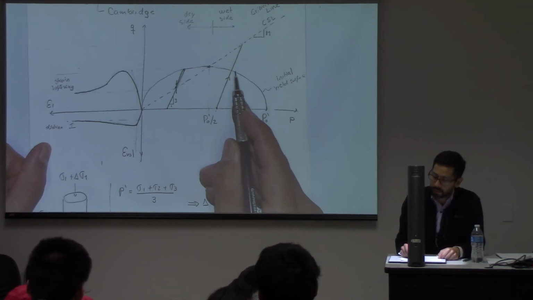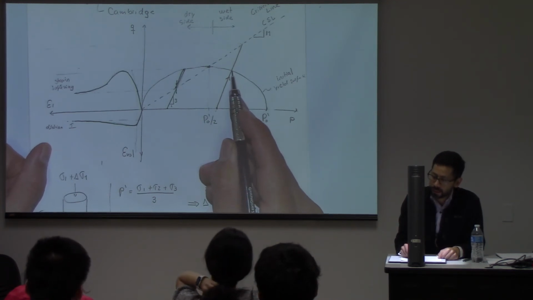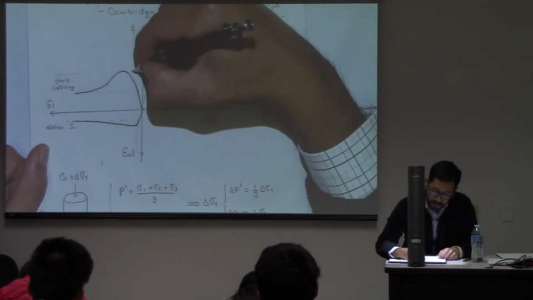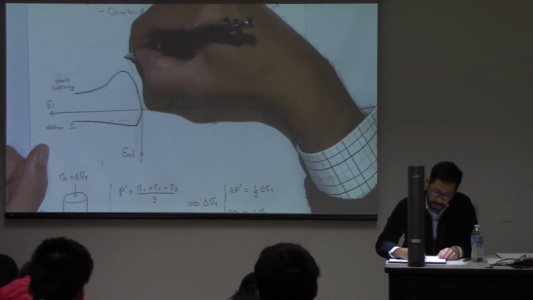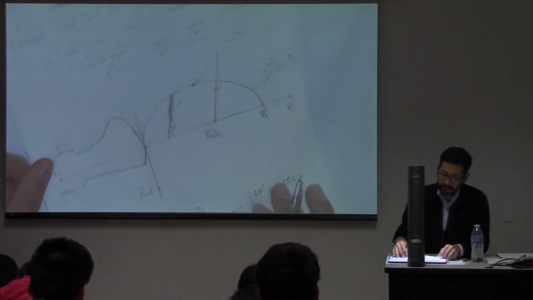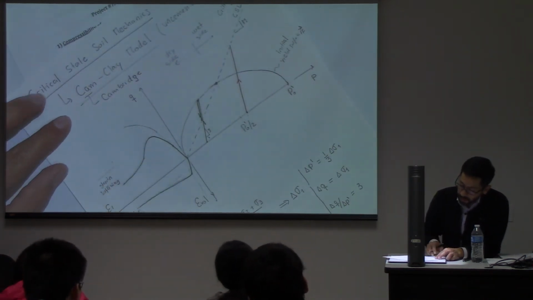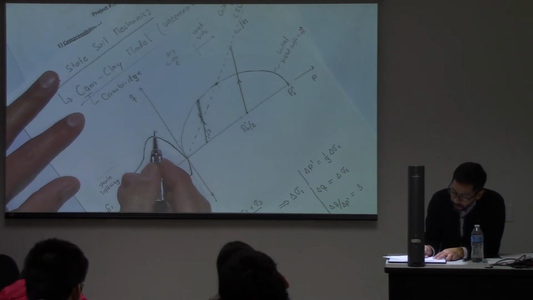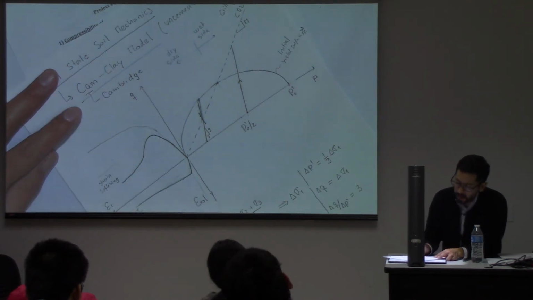So now this one is the yield line. It's where you start to see plastic strains. At that point, you will see that this one starts to bend over, and it will reach an asymptotic trend to that condition.